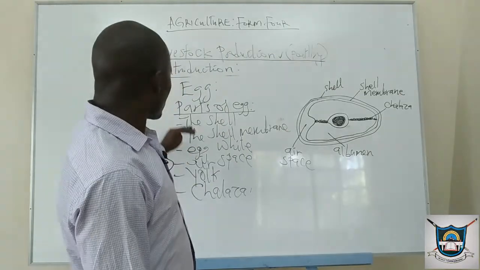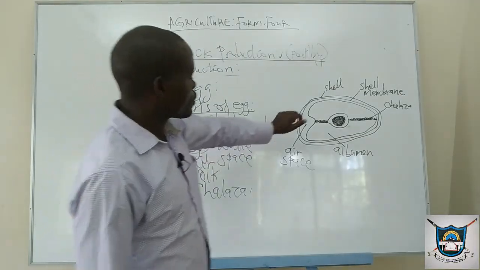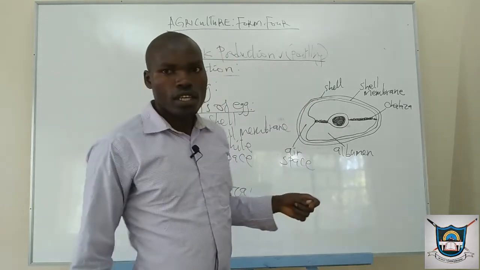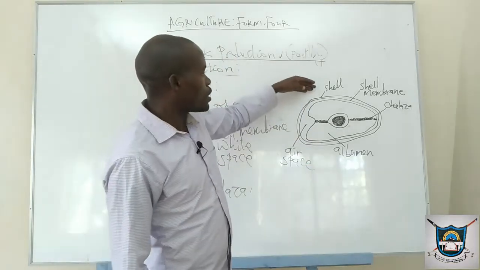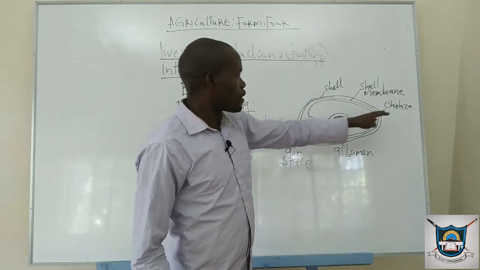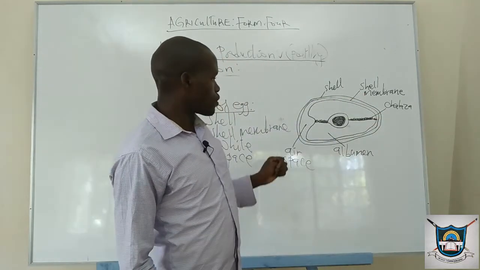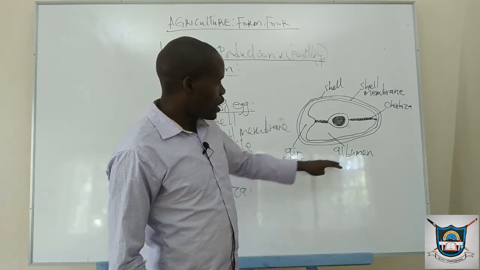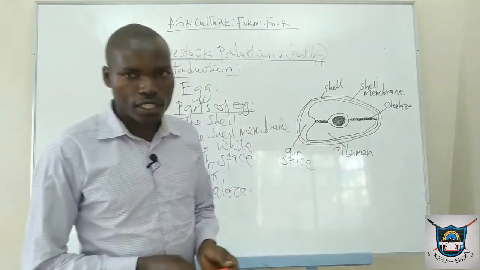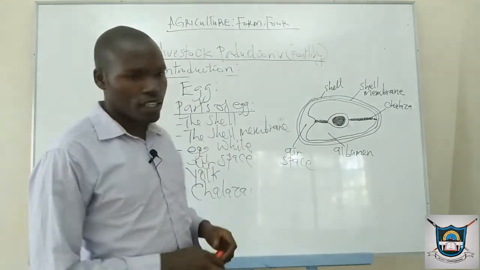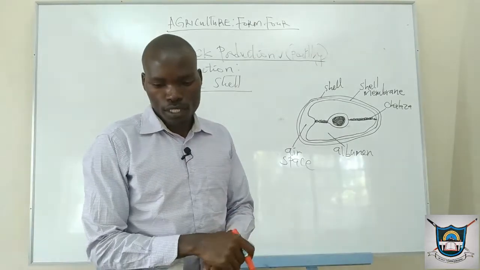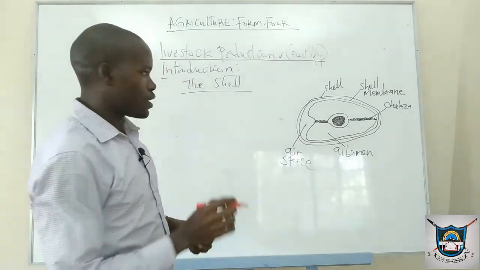Okay, we are seeing the parts of the egg. This is a simple diagram of an egg and the various parts. We said the outer part of an egg is the shell, and then it is surrounded by the shell membrane. We have a chalaza. We shall look at the functions of all of them. We have here the airspace and also the albumen. The first part we are going to look at is the shell.